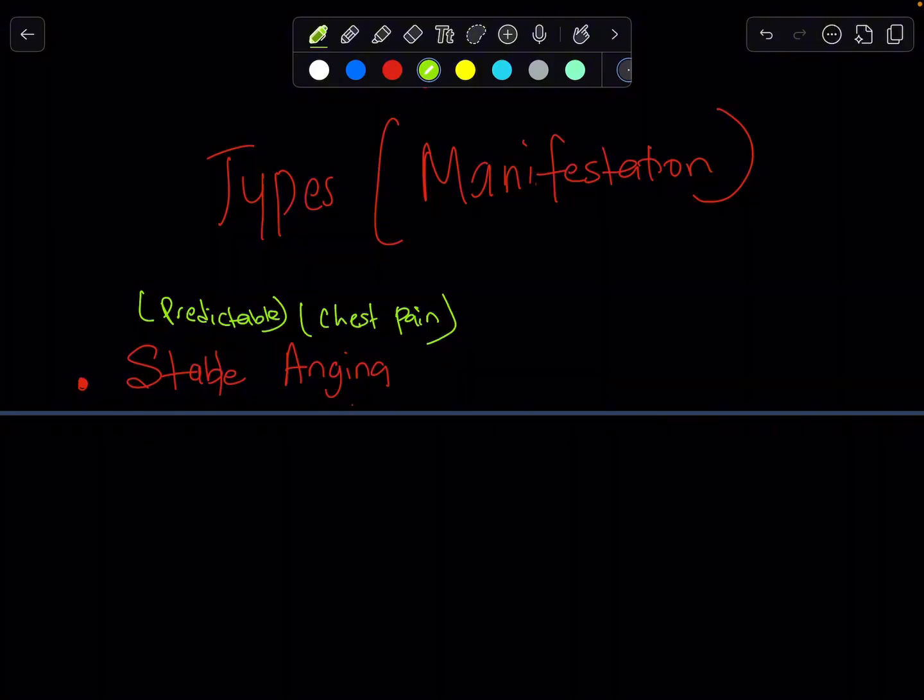So we're just going to list the features of it. So what do we know? We know that it's predictable. And what do I mean by predictable? We know when it's going to happen, so we know the onset, we know the situation in which it's going to happen, how long it's going to last, so we know those things, right?